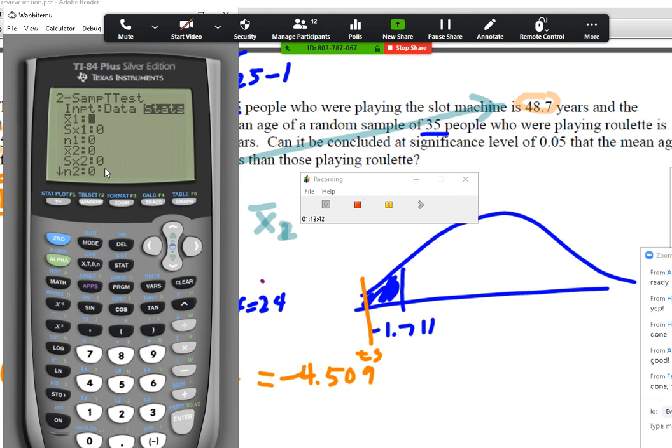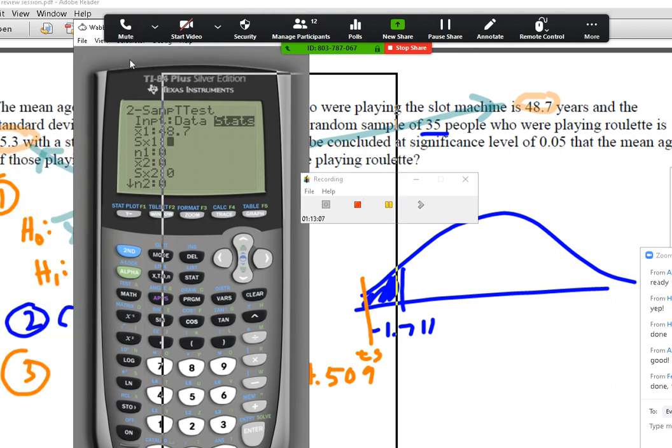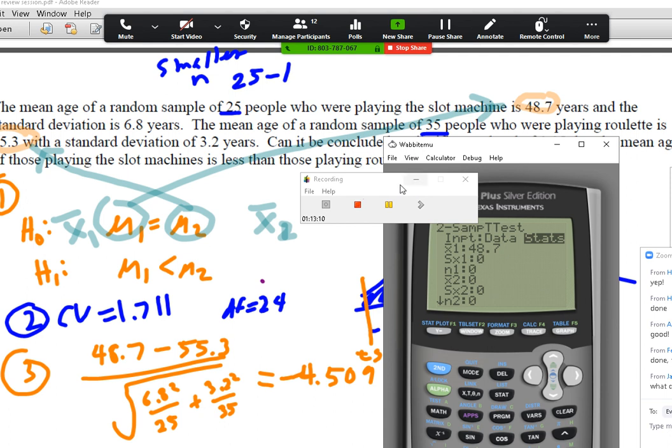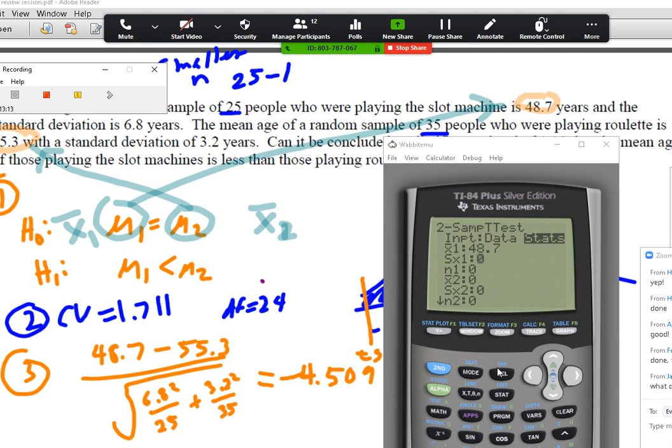So here's my x bar 1, 48.7. S1 is 6.8. And then my n1 is 25 people.